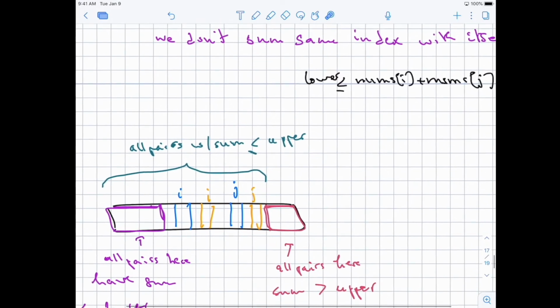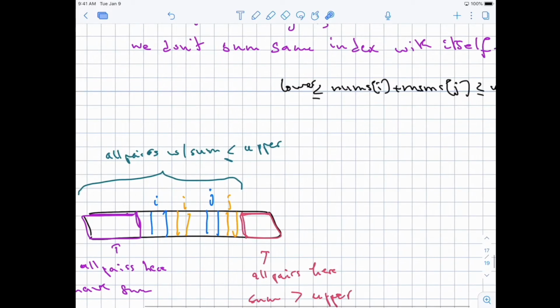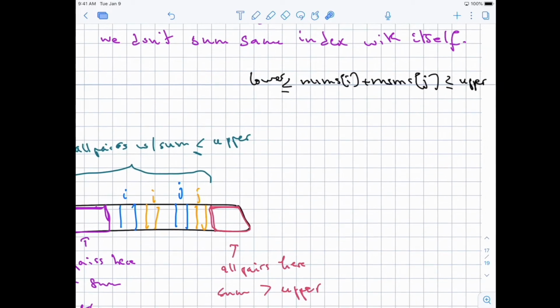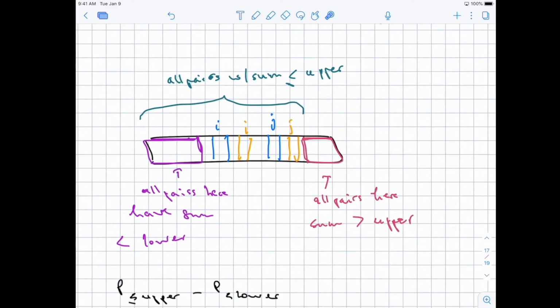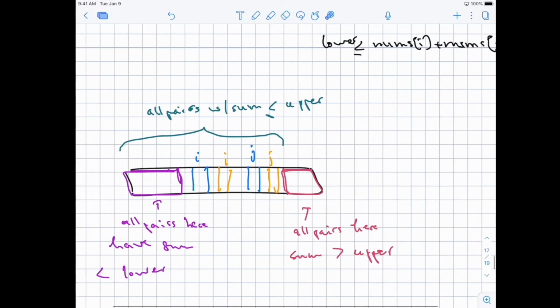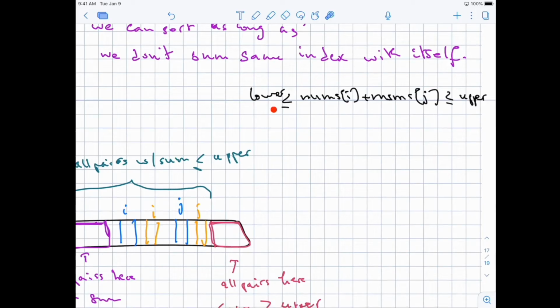Now, how do we approach counting the pairs where the sum is between lower and upper? So we need to think about something here. I have an array here, just a drawing of an array, where let's suppose that these elements here are those that have this condition valid, i and j, sum between lower and upper.